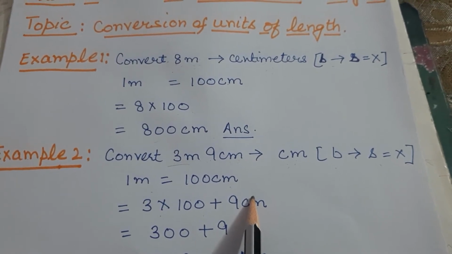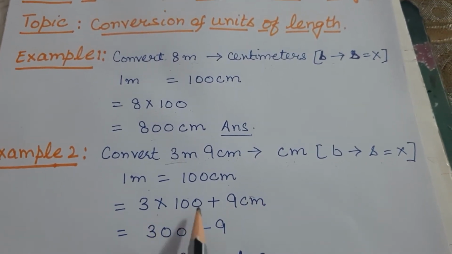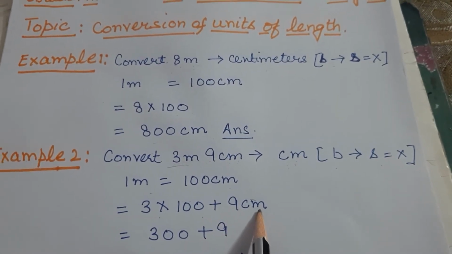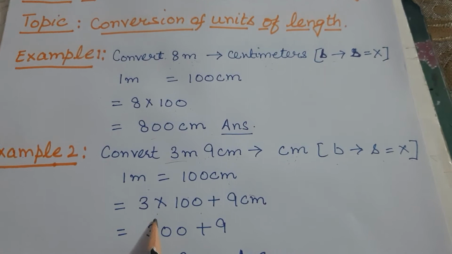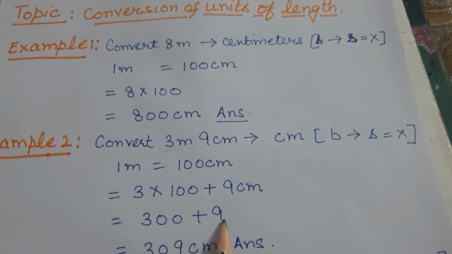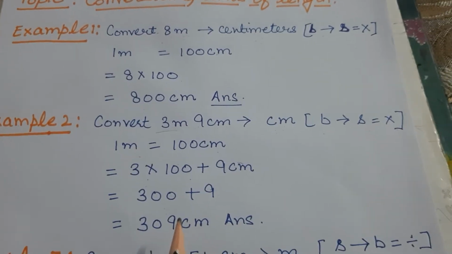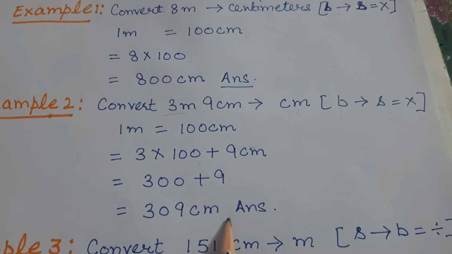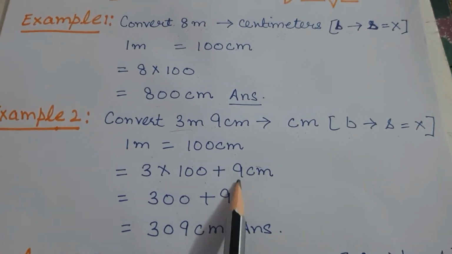So 3 into 100 plus 9 centimeter you will add as it is. 3 into 100 is 300 plus 9. 9 is on the ones place, so it will be added like this: 309 centimeters.